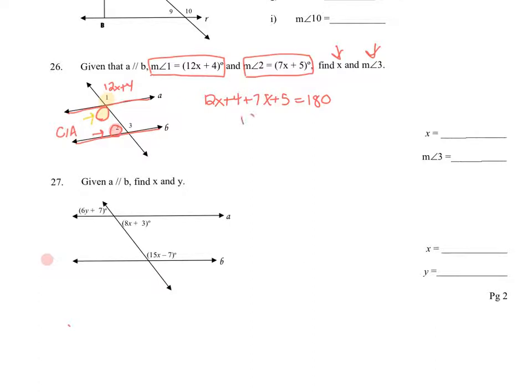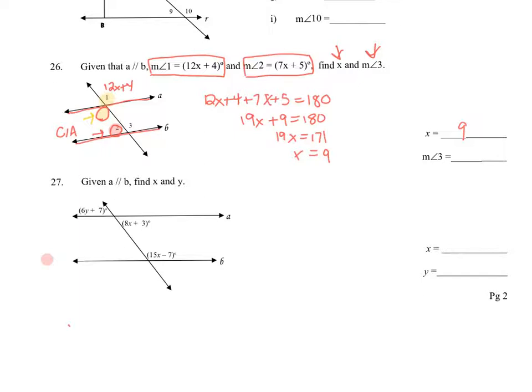Now I'm just going to combine like terms and solve this equation, to find out that x is equal to 9. So I've got my first part of that done.